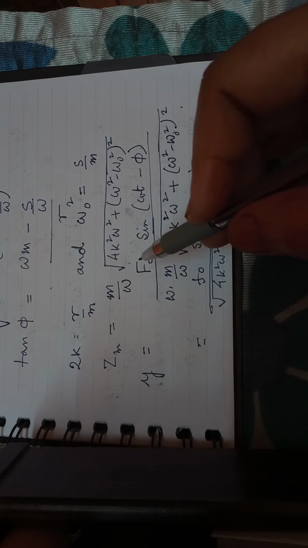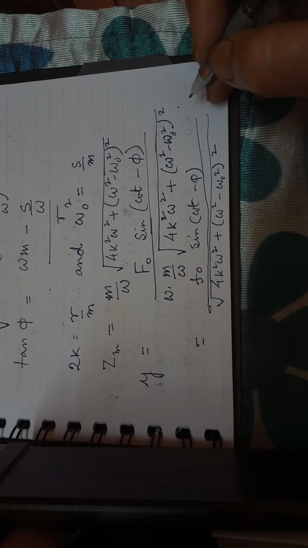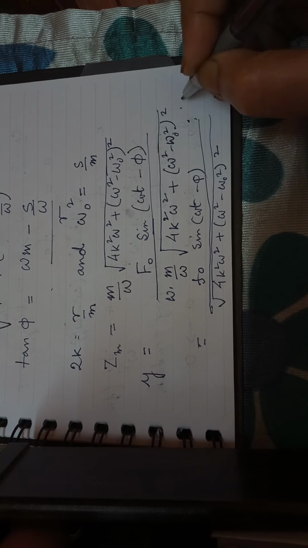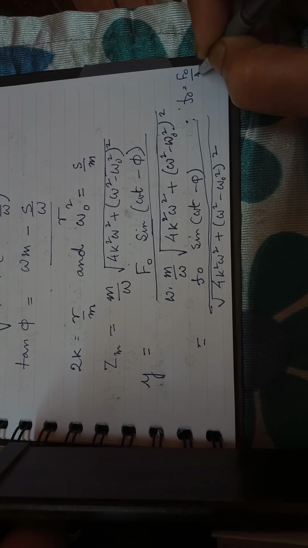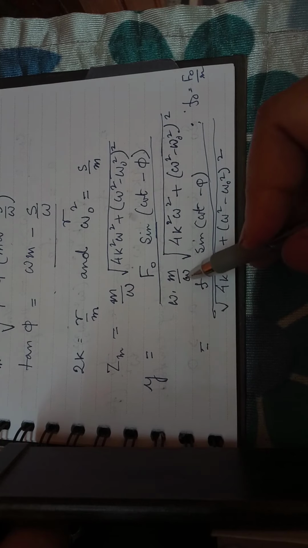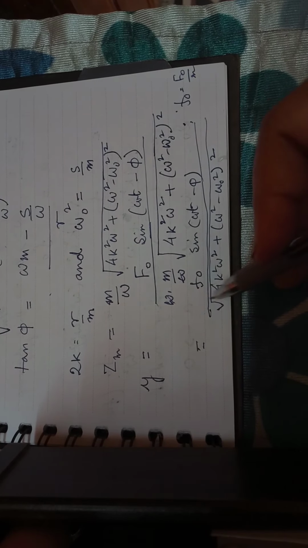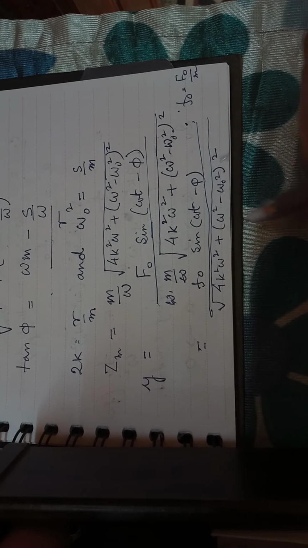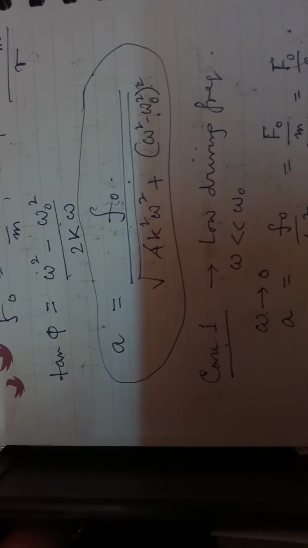And if you take capital F0 by m as f0, then from here, if these two omegas cancel, you get this as your ultimate result, which you need to remember to explain this very important part of forced vibration.